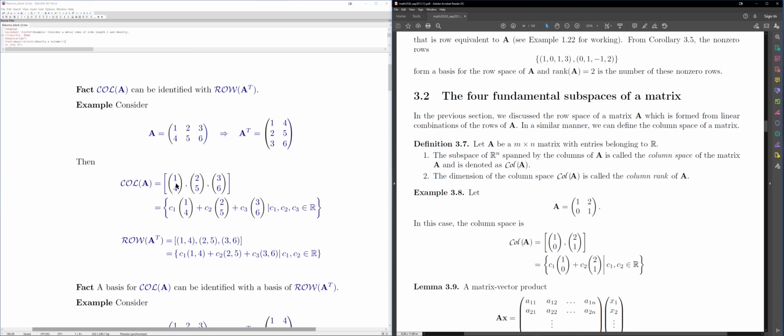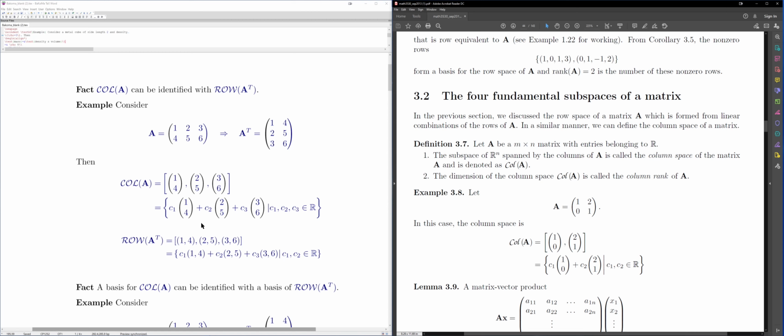This row vector 1, 4 corresponds to this column vector 1, 4. This row vector 2, 5 corresponds to this column vector 2, 5. Row vector 3, 6 corresponds to column vector 3, 6. And when you take the span of this, you're going to get a subspace, which is basically the same thing as this one over here.